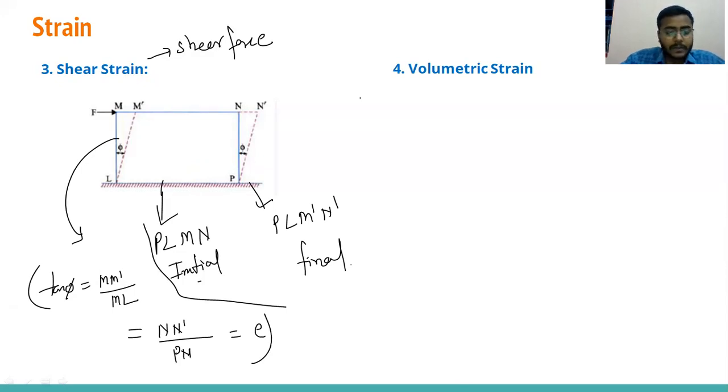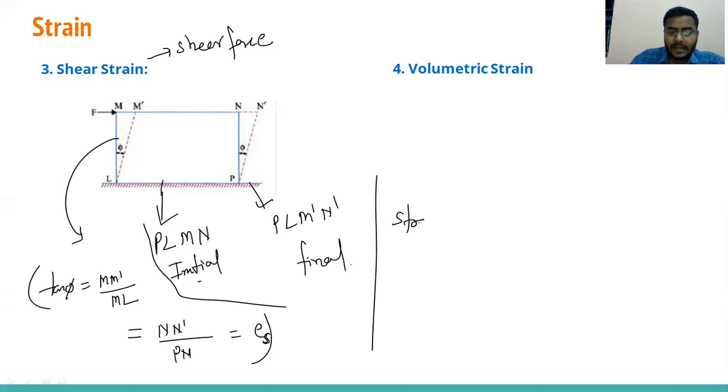You can see in the figure that in this case we are measuring shear strain by measuring the angle. Generally we denote longitudinal strain by EL or EC, and shear strain by ES.